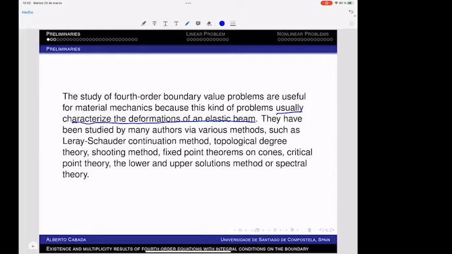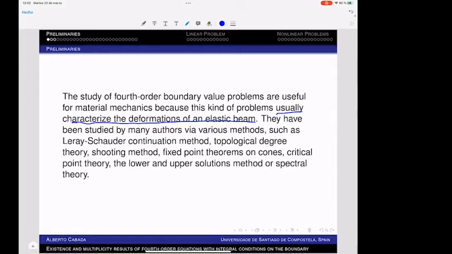Of course, the simpler case is the stationary equation, that goes from a PDE to an ODE. And the boundary conditions model the different ways to fix the bridge, the beam, depending on whether it is a clamped beam or other kinds of situations, and that studies the deformation of the beam.